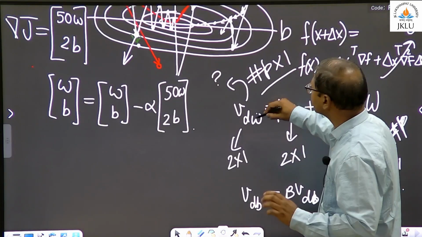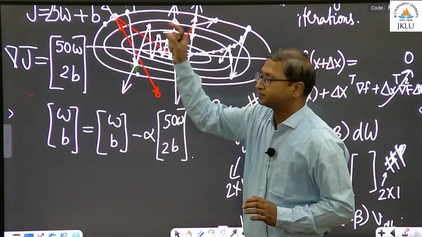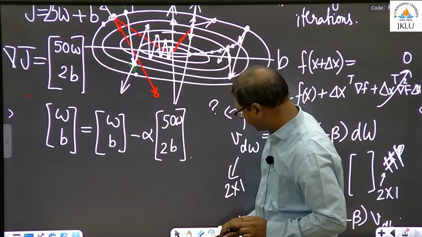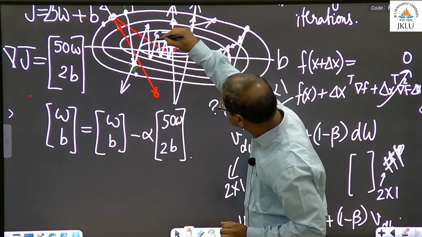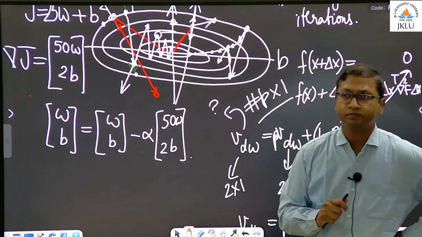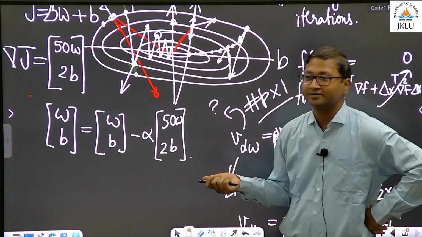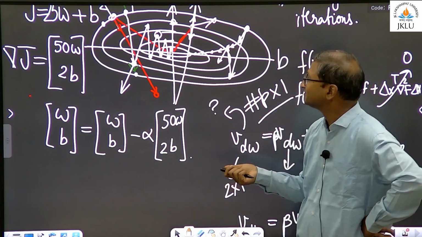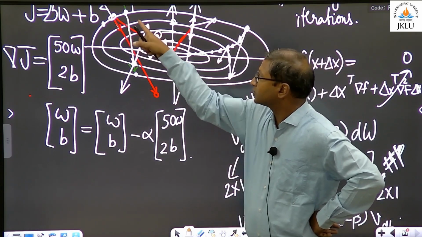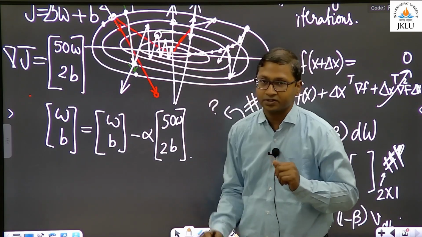Just quickly tell me what will be the impact of these equations here. Let's say if I am here, what will happen? Directly minima. You are here, and you have the history of these 4 vectors, what will happen?